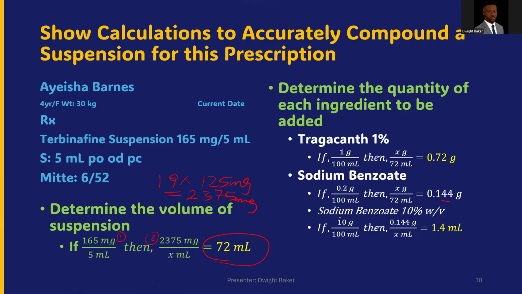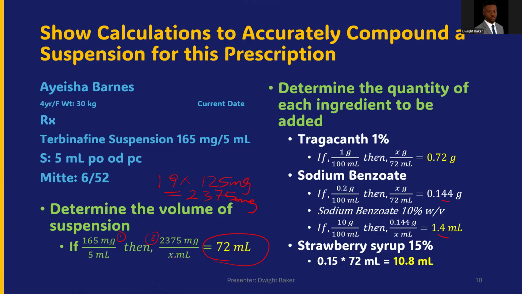And so here I know I have 10% stock, so 10% is equal to 10 grams in 100 mil. So in order for me to get 0.144 grams, I need to find out how many mils that is going to be in. And it's telling me here that I need to add 1.4 mils of the 10% sodium benzoate to the 72 mils preparation.